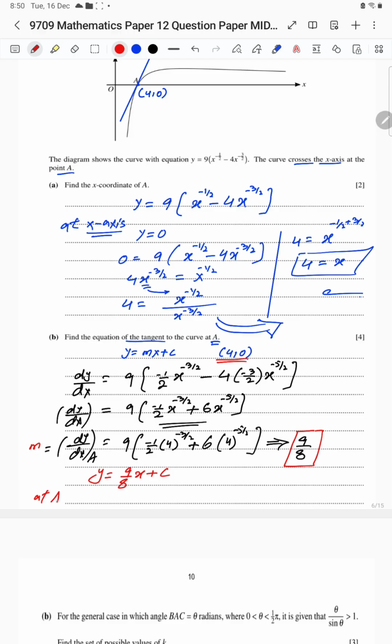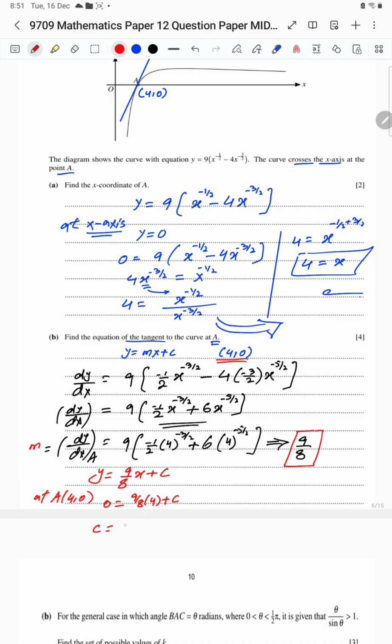So at point A, (4, 0), we have 0 equals 9/8 times 4 plus c. So c will be minus 9/2, from y equals mx plus c.